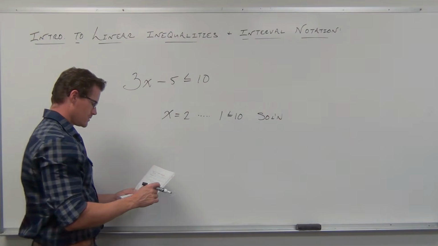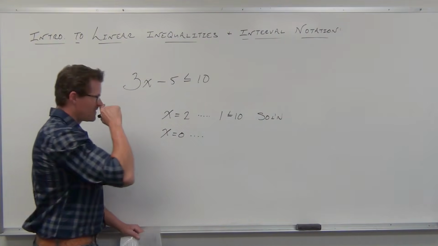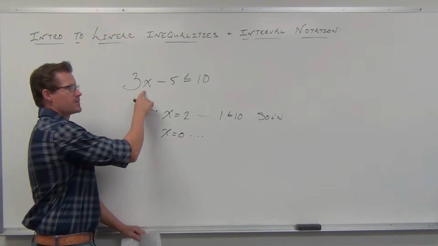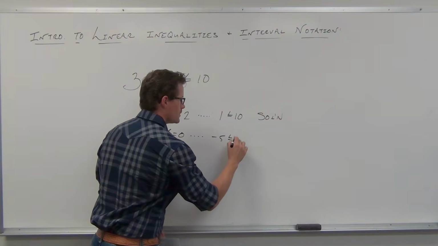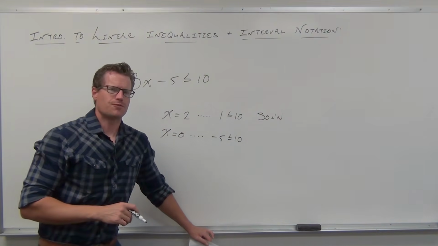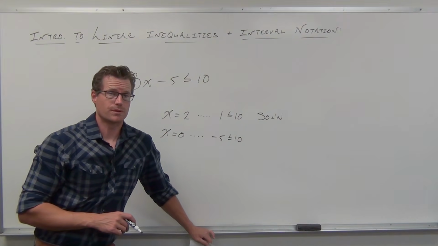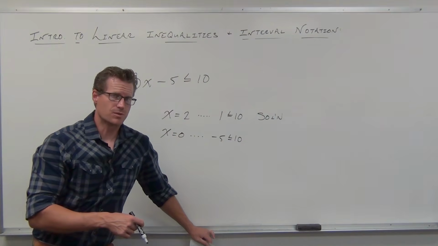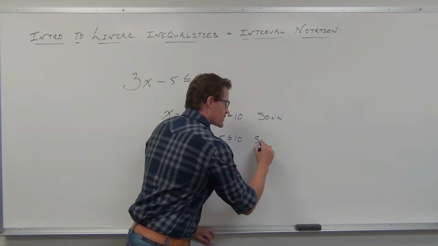How about 0? If I plug in 0, 3 times 0 is 0. 0 minus 5 is -5. Is -5 less than 10? Every number in the world that's negative is less than every number in the world that's positive. So -5 for sure is less than positive 10. That's also a solution.